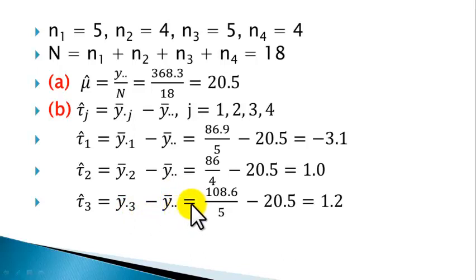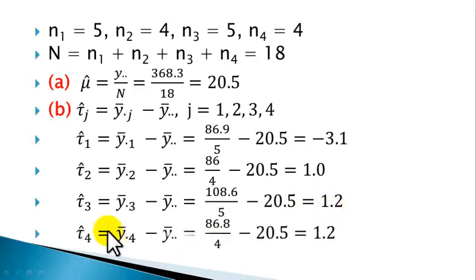This is equal to 108.6 all over 5 minus 20.5, which is equal to 1.2. For treatment 4, the estimate is tau hat 4 equals y bar dot 4 minus y bar dot dot, which is equal to the total observation under treatment 4, 86.8, and there are 4 observations there, divided by 4 minus 20.5. That will also give us 1.2.